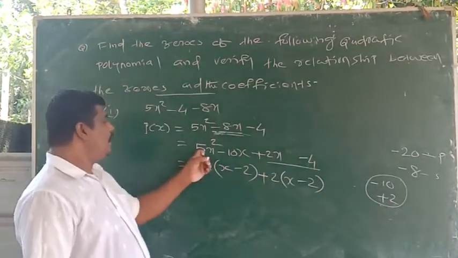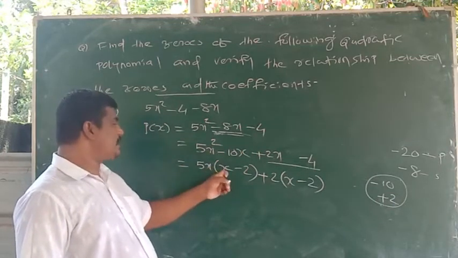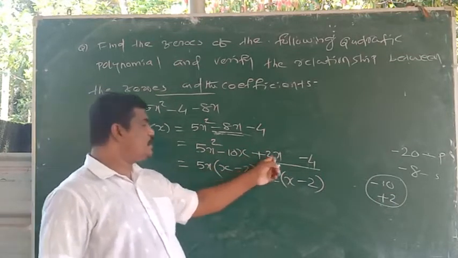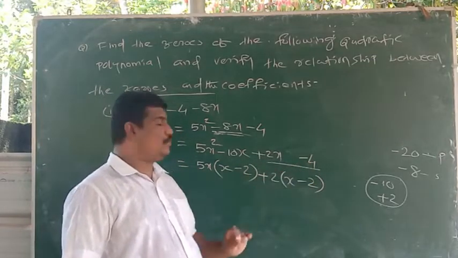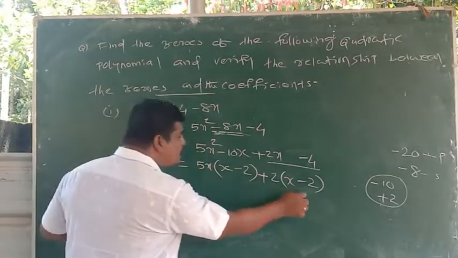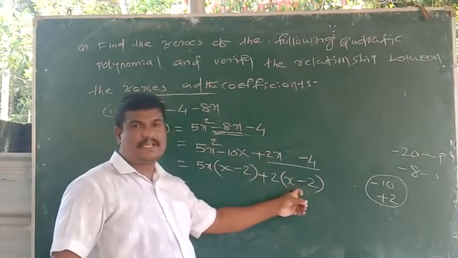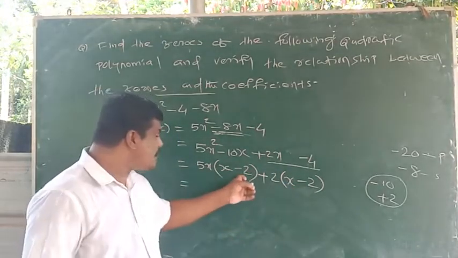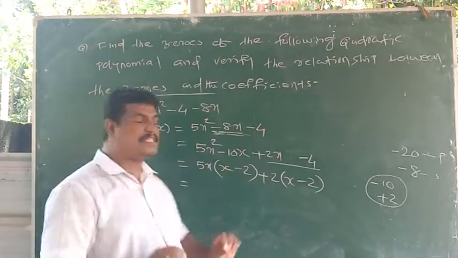Next step, for the first two terms the maximum common is 5x. Balance here x, balance here minus 2. For the next two terms the maximum common is 2. Balance here x, balance here minus 2. Next, check again. What is the common of these two terms? Any common? Yes. What is the common term? x minus 2. The common term is x minus 2.